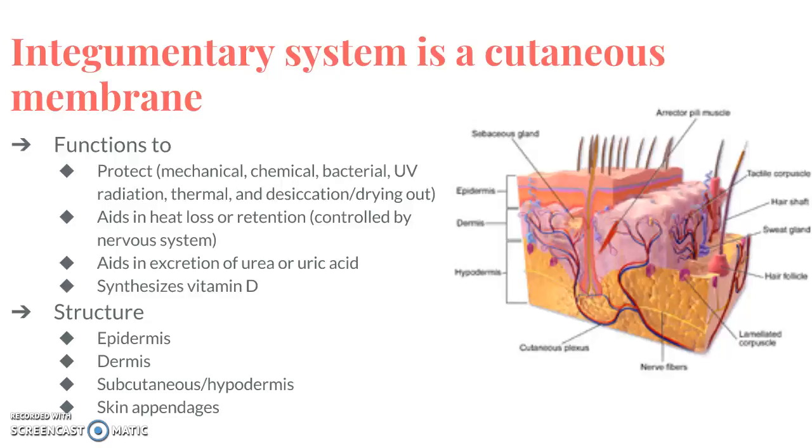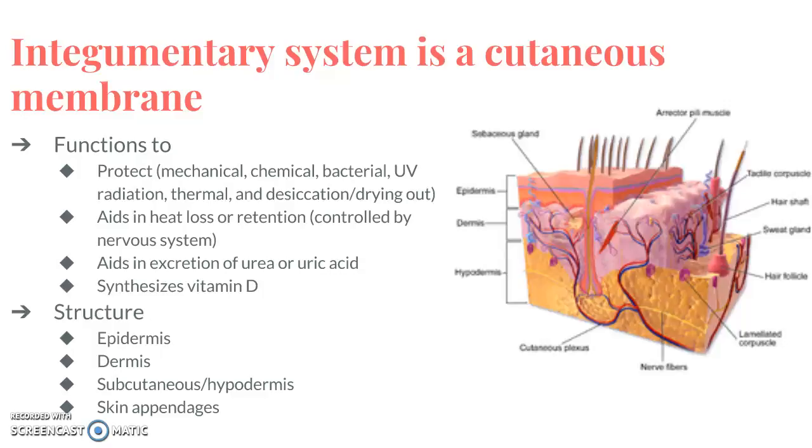The integumentary system also helps with the retention of heat, and it will work with the nervous system for that. This is one of the reasons why if we get cold, we shiver, and sometimes when we're cold, we also get goosebumps. And we'll talk about that in a little bit more detail as we get into some of the accessory structures of the skin.